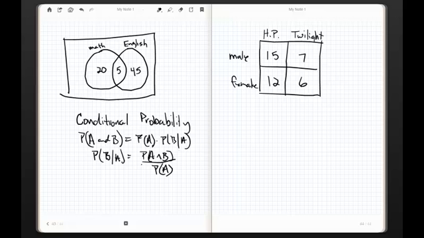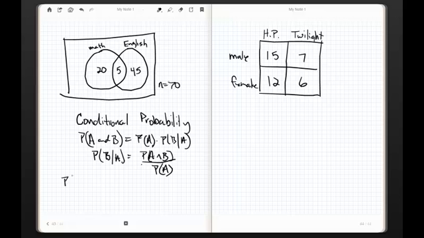Now, we're going to play around with this just a little bit with these two charts that I just did. So let's have a little bit of fun. First things first, if I'm looking at this Venn diagram, hopefully it's relatively easy to see that n equals 70.